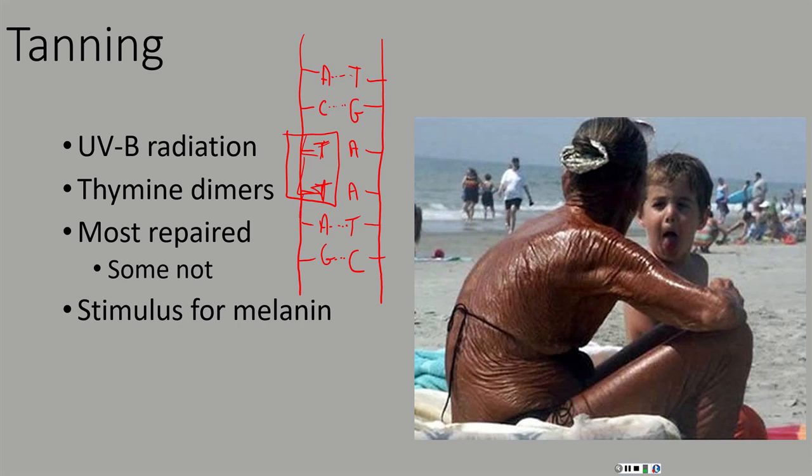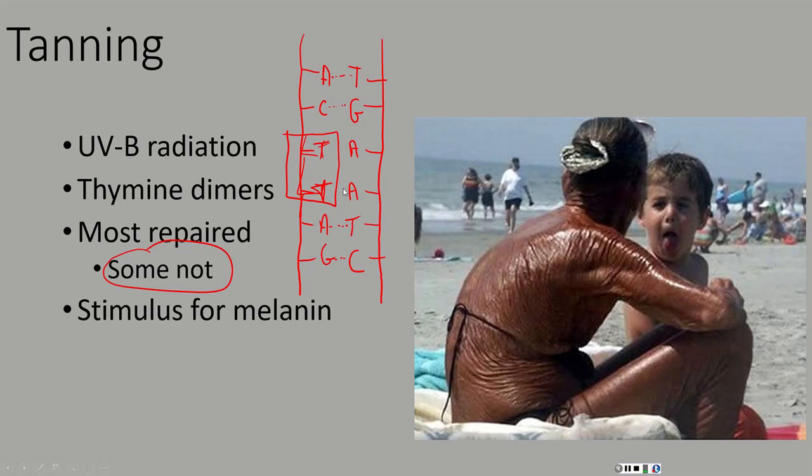Most of the time, that is successfully repaired. But sometimes it's not. And it's the sometimes not that's the problem. If that is not repaired, then when this cell divides, what's going to happen? We're going to have two brand new cells that have the same problem. And then when those cells divide, we're going to have more cells. So this kind of thing can really cause a problem.